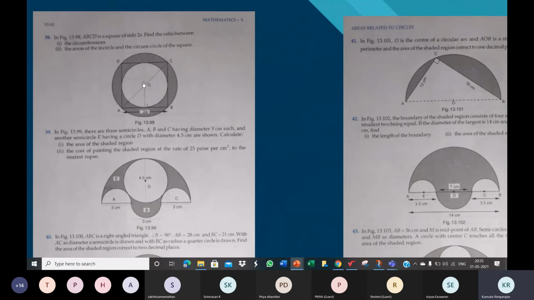What is the value of small r and capital R, the radius of the incircle and circumcircle? I just want that ratio you can find. We'll work that first.